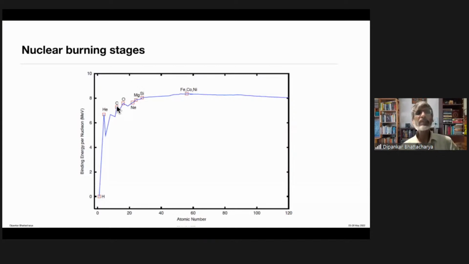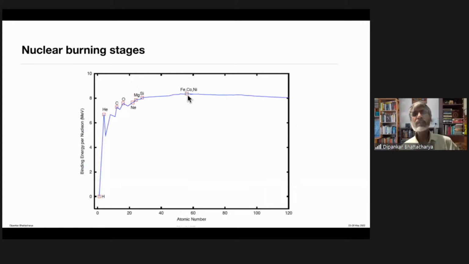And from carbon, if carbon burns, then it produces oxygen, and oxygen burning further can produce neon, magnesium, and silicon. And finally, silicon can fuse into iron nuclei, iron, cobalt, nickel, they're called iron peak nuclei.